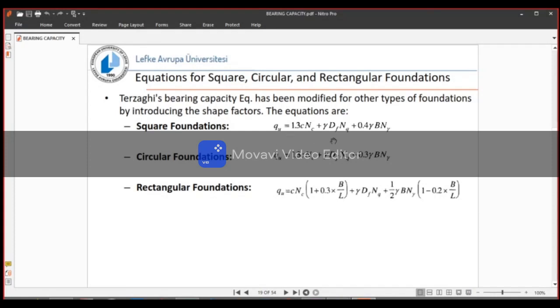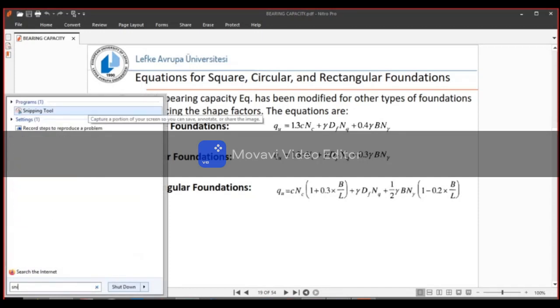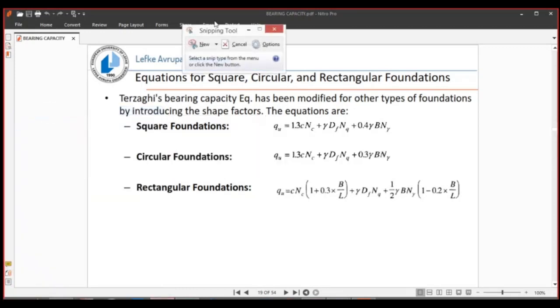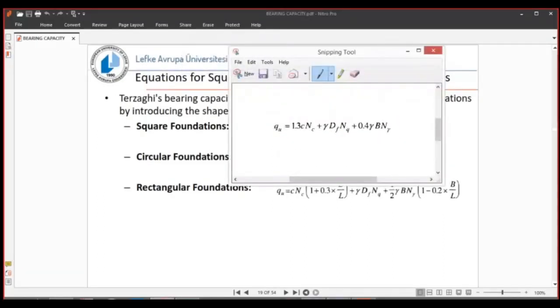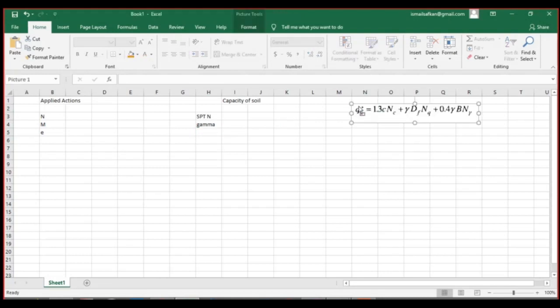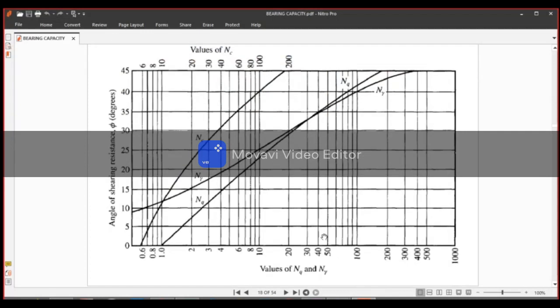We will utilize this formula, so you can simply copy paste the formula by taking a screenshot of the picture for you to remember in Excel. I just copy it and paste it here. I'm looking for Nc, N gamma, and Nq.